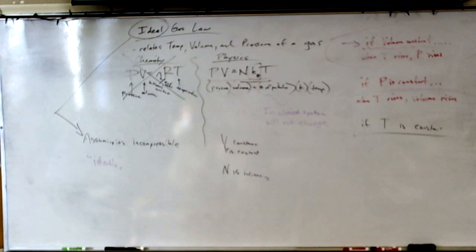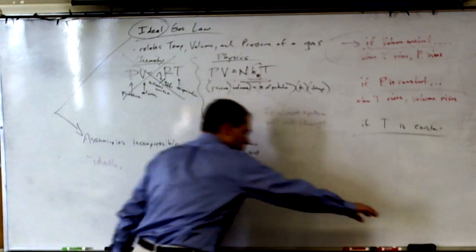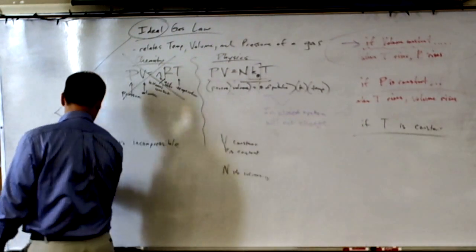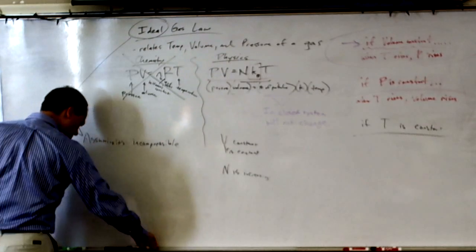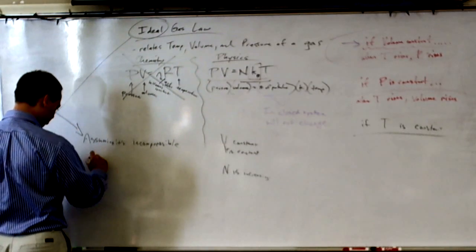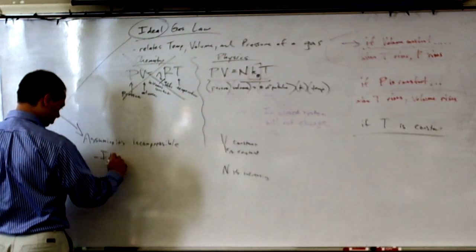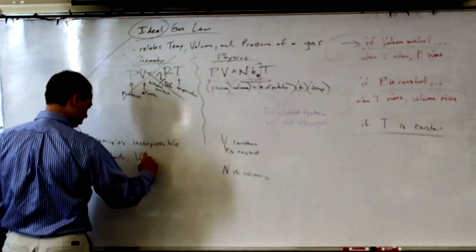What is temperature again, guys? The amount of movement of energy. Yeah, what type of energy? Kinetic. Yeah, the average kinetic energy of all particles within a substance, if you recall.